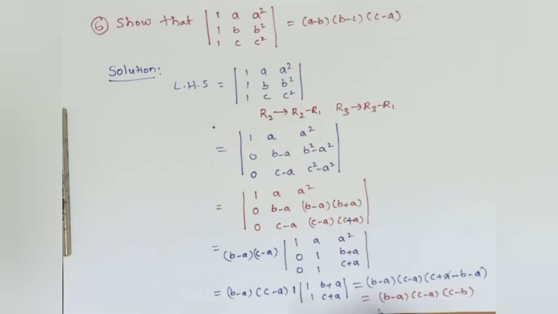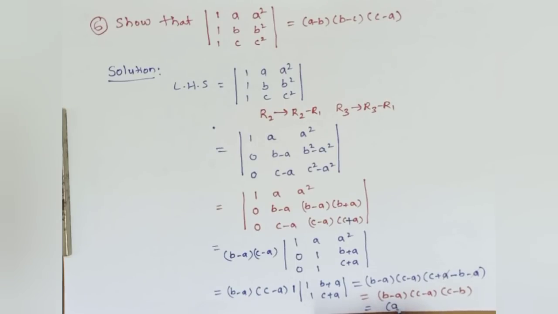Now finally we can express this as minus of a minus b and minus of b minus c, so minus into minus is plus, so it is a minus b, c minus a, and b minus c. That is the RHS of the given problem.